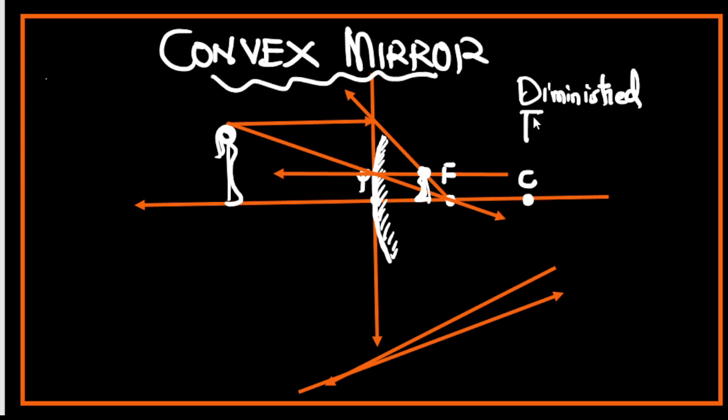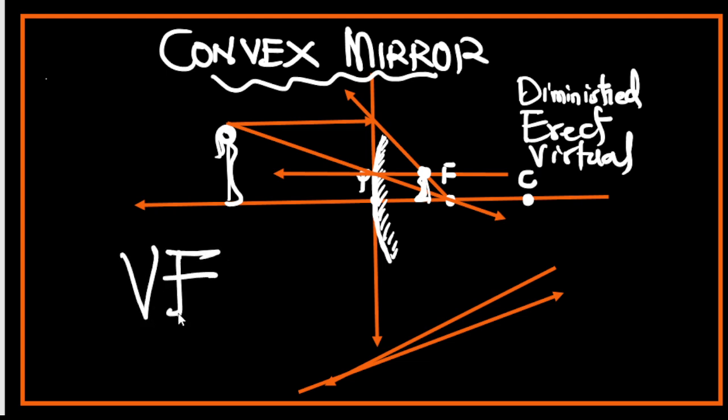Okay, it is erect. Then virtual or real? Virtual. So this is a conclusion that the image is always virtual, erect, and what? Diminished.